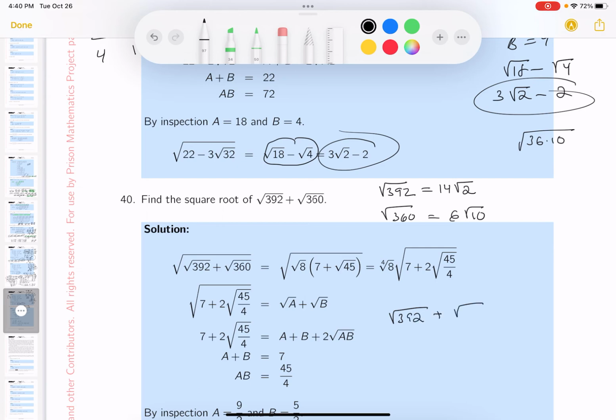Plus root 360 could be written as 14 root 2s plus 6 root 10s. By the way, I still have 2 roots. I'm going to factor one of the roots out. And I'm going to factor out a root 2.